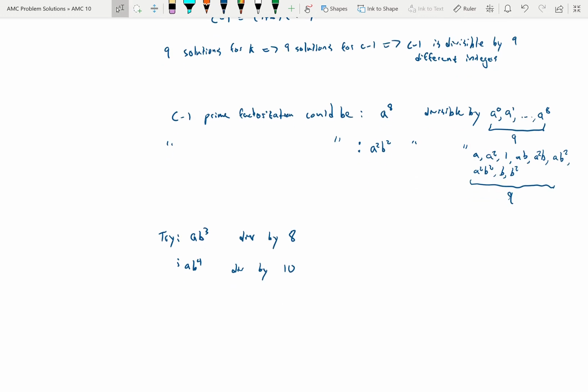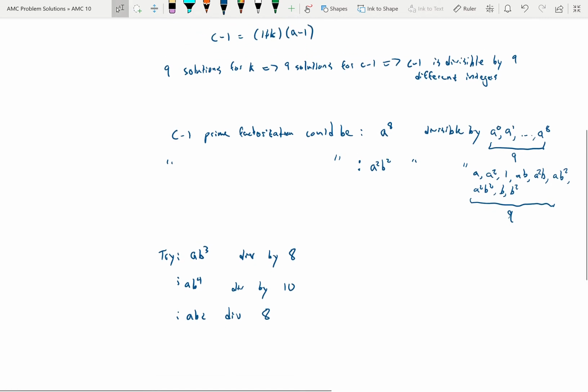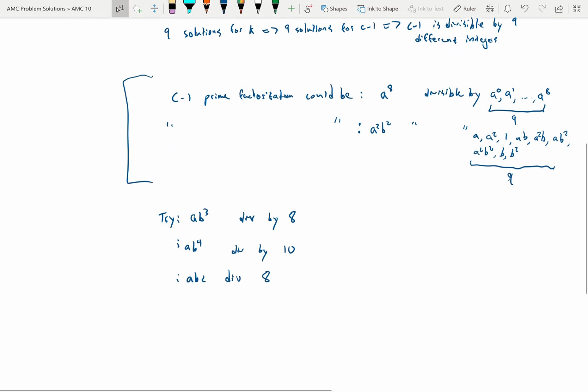You may also try ABC. That's divisible by 8 different factors. And then seeing that none of those are 9, you can see that definitely ABCD wouldn't work because that would go over 9. A b to the fifth wouldn't work. That would go over 10. These are the 2 prime factorizations that are going to work.